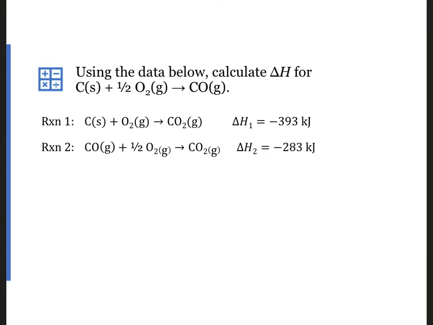Here's another example. Suppose we need to calculate delta H for carbon plus oxygen yields carbon monoxide, but all we have are the enthalpy values for the two thermochemical equations given. How do we go about solving this? First, we note that 1 mole of carbon needs to be on the reactant side, 1 mole of carbon monoxide needs to be on the product side, and however we add these two equations together, we eventually need 1/2 mole of oxygen to show up on the reactant side.